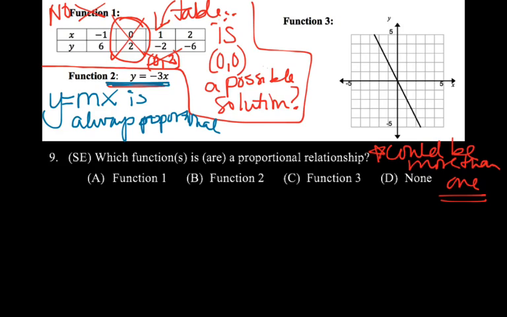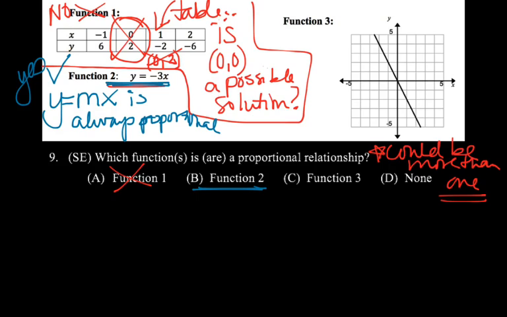Okay, so if it's in the form of y equals mx, it's always going to go through the origin. Okay, this equation in function 2 is in y equals mx form. The m is -3. So this is a yes. Okay, so function 2 is a yes. Function 1 is a big ol' no.